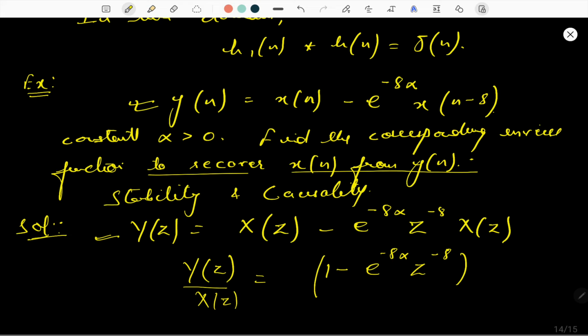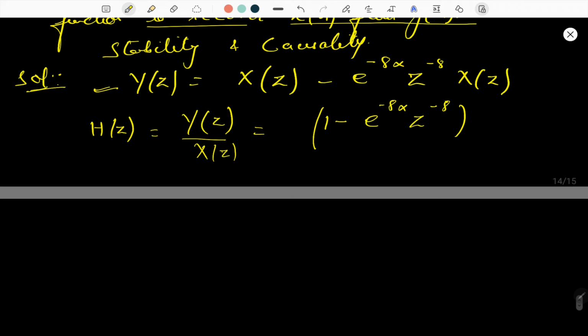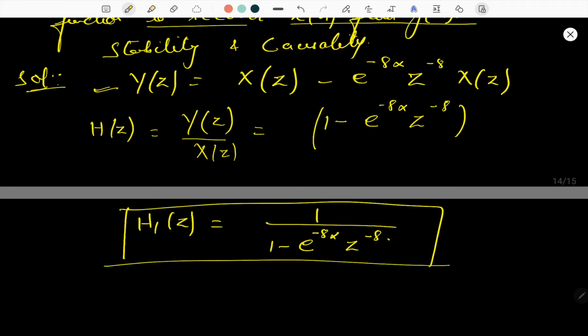And we all know that Y(z) upon X(z) is H(z). So if you take the inverse of this, H1(z) will become simply 1 upon 1 - e^(-8 alpha) z^(-8). This is simply the inverse system of the above equation.